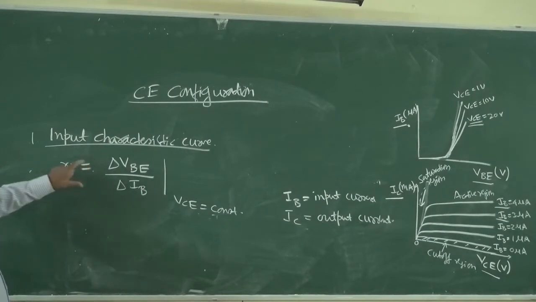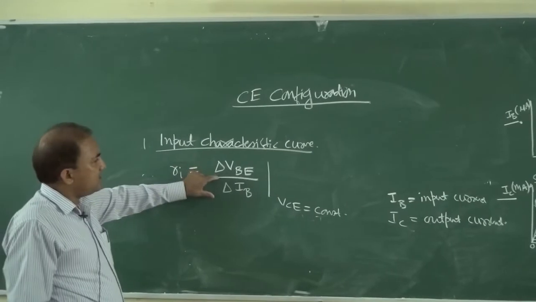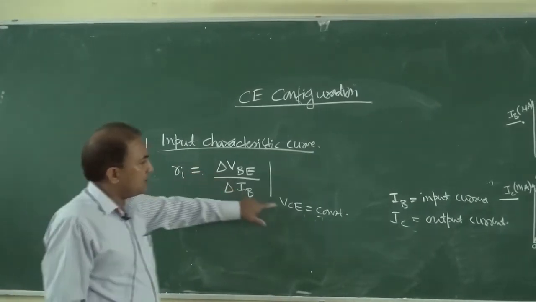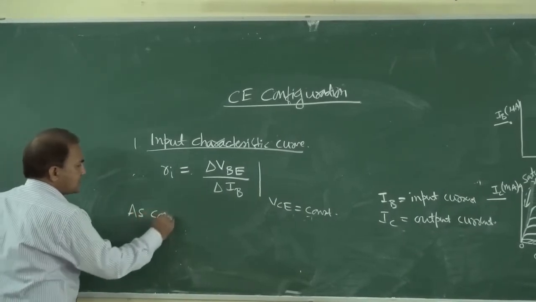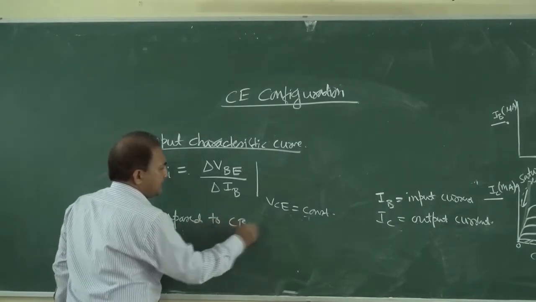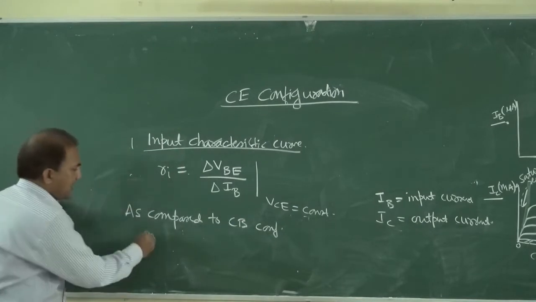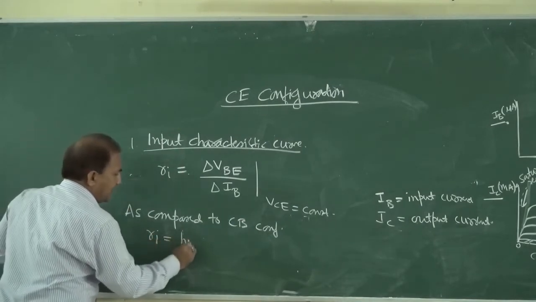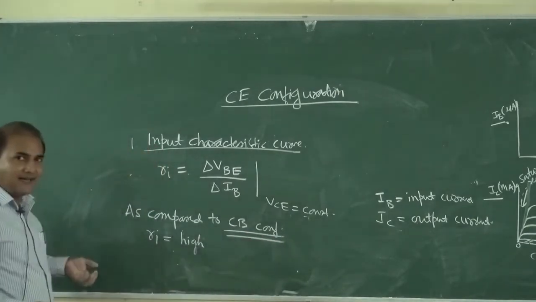The expression for Ri is del VBE divided by del IB for a constant value of VCE. As compared to common base configuration, the input resistance Ri here is high. Why is it high?